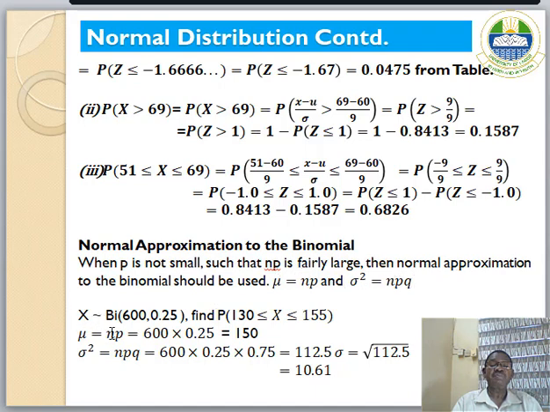Now, this mean np is 60 times 0.25. Variance is npq, which is 60 times 0.25 times 0.75, which is q, which is 112.5. Then the standard deviation, which is the square root of variance, is the square root of 112.5, which is this quantity.